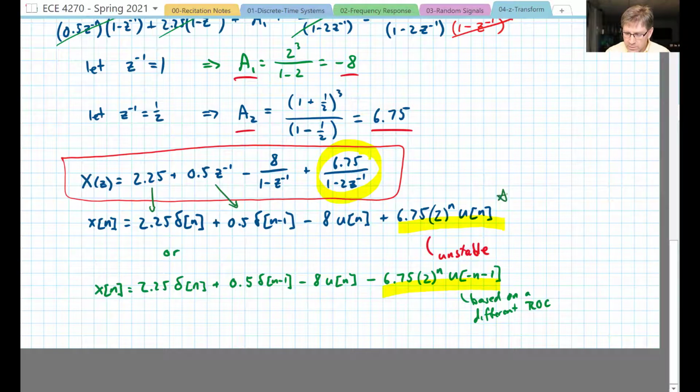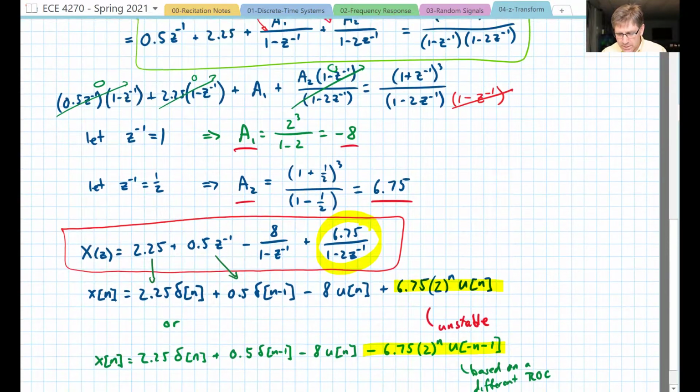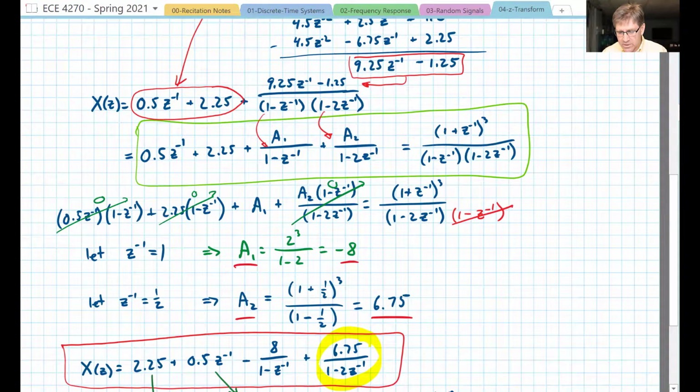So these two sequences that I've highlighted here, this and this, have exactly the same Z transform with just simply a different region of convergence. As I said, we won't be worrying about that much in this class, but this is the general procedure that you follow for doing a partial fraction expansion.